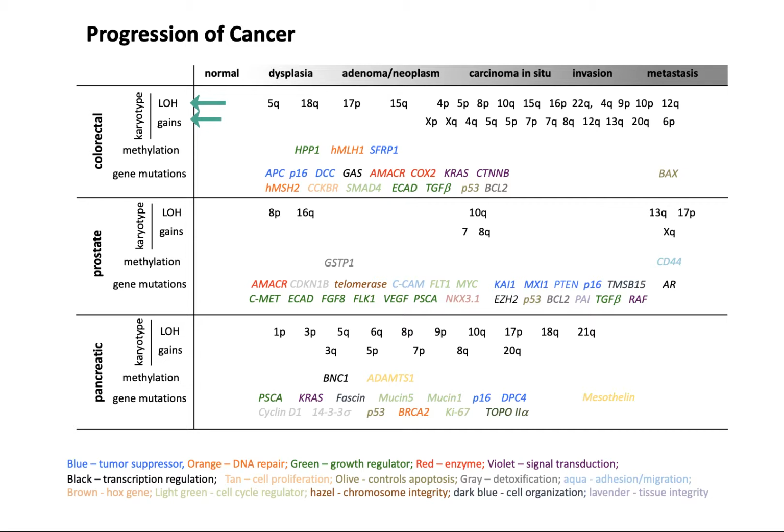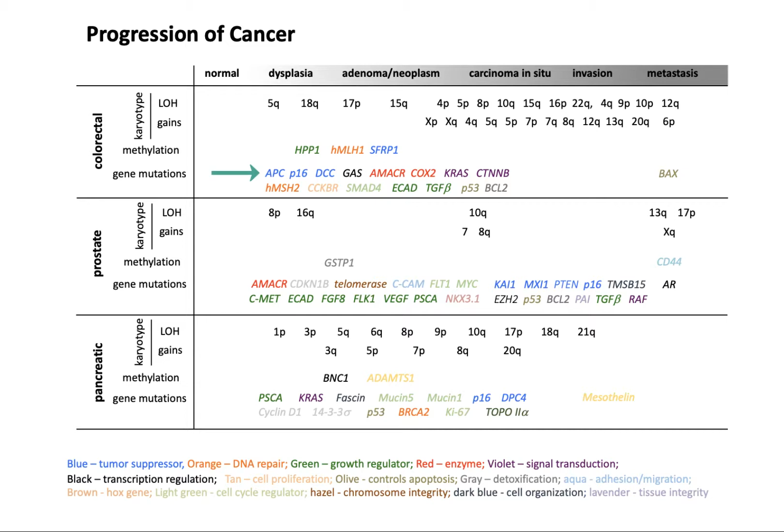Gains means that the chromosome has gained sequences, gained DNA fragments and sequences. LOH means loss of heterozygosity, meaning one of the chromosomes has lost pieces off of it, and so you've lost some of the alleles for those particular genes. And then you can have methylation pattern interruptions and then gene mutations.